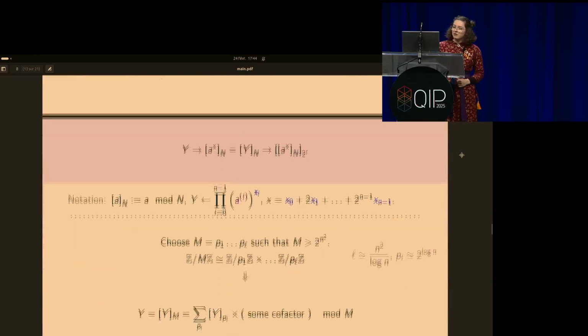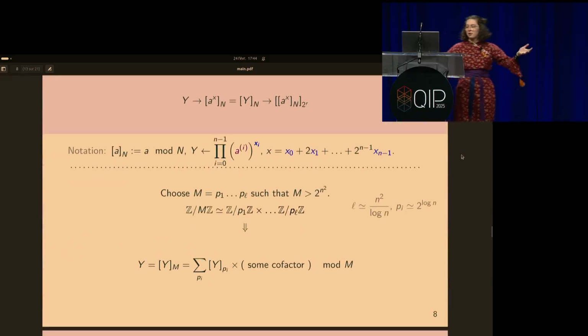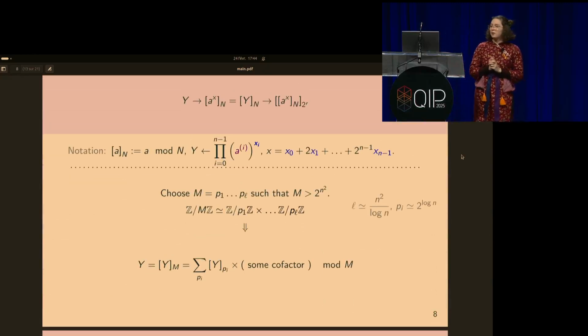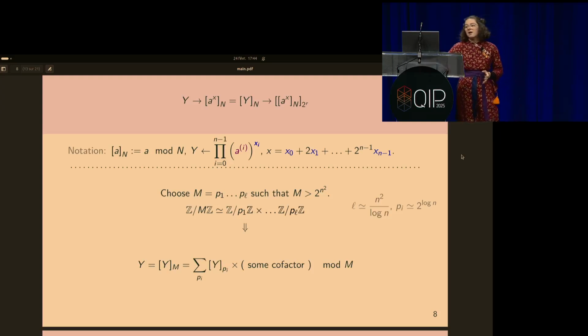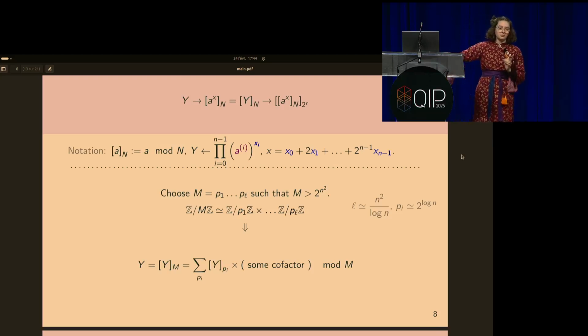So as I just mentioned a few slides ago, we know that y is at most n squared bits long. So we are going to assume that we have an integer M that is a product of several small distinct prime numbers p1, p2, etc., that is always bigger than 2 to the power of n squared. So M is always bigger than y in any case. Because of the structure of M, we have the ring isomorphism that is written right here.